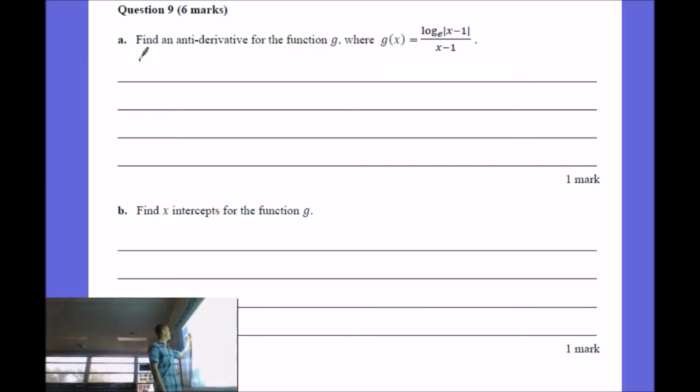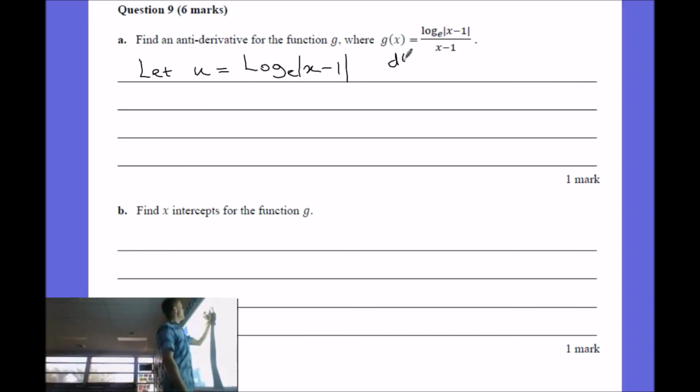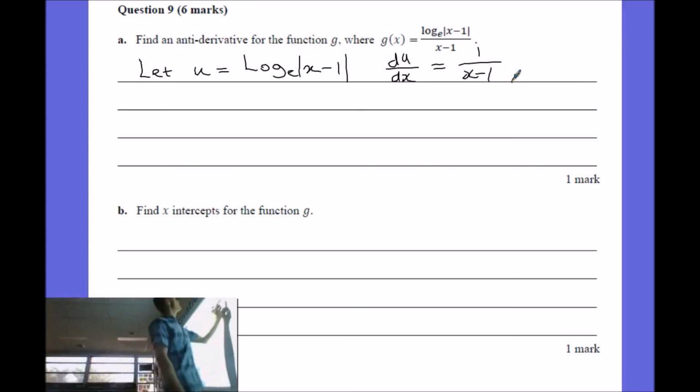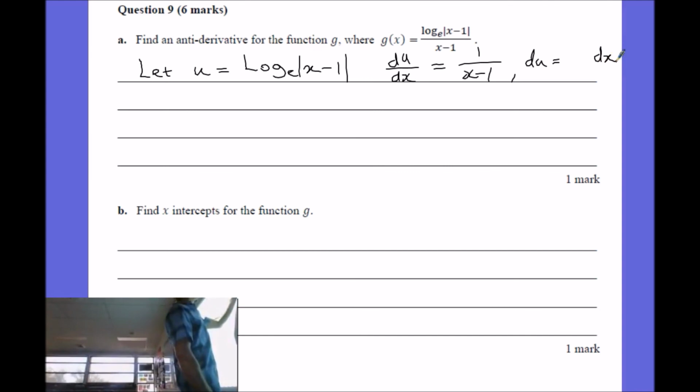So what about if I let u is equal to the log of the modulus of x minus 1, and so then du dx will give a 1 over x minus 1. There it is. Okay, and so then the du part by itself is this 1 over x minus 1 times dx, and that gives me my du part.